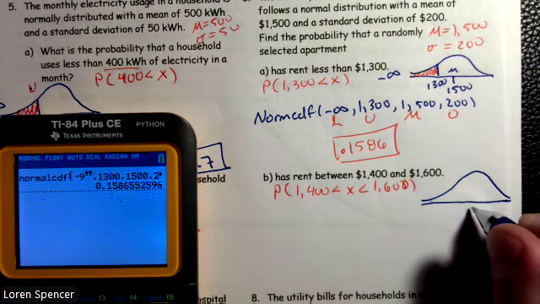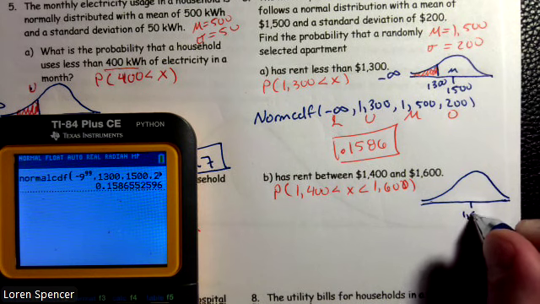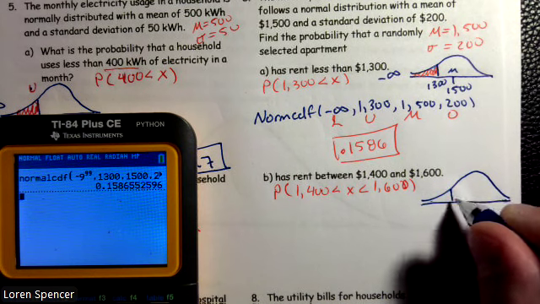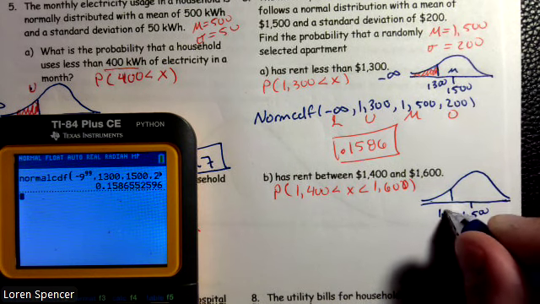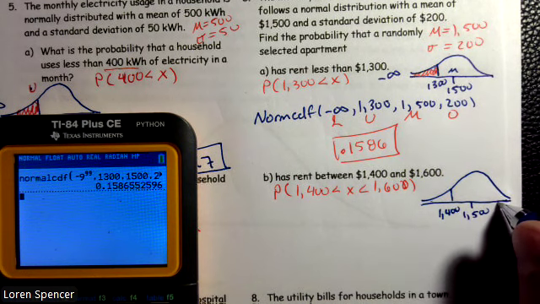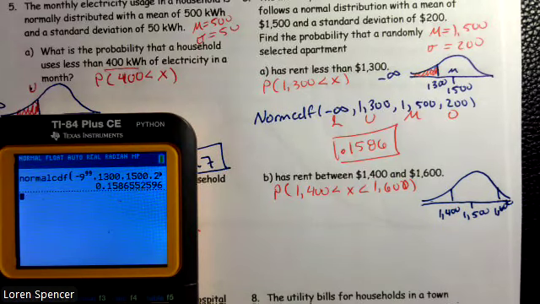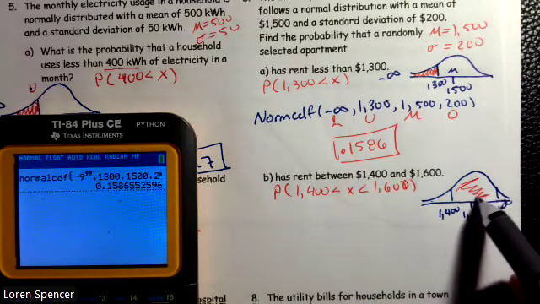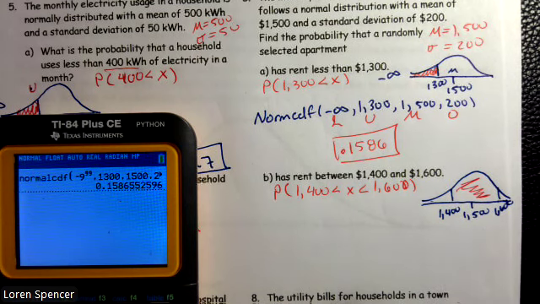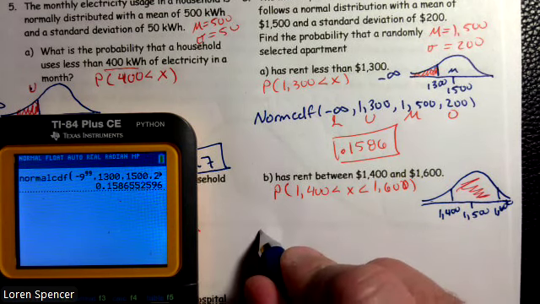So I have a mean of 1,500, 1,400, 1,600. Ran out of room. So sorry about the sloppy writing.